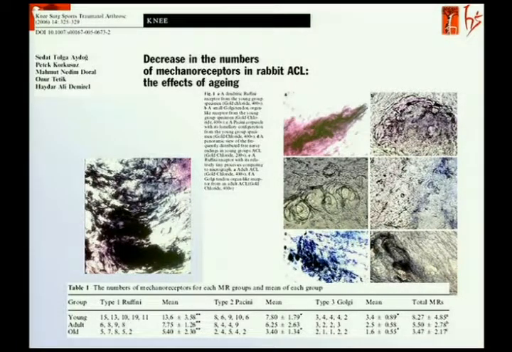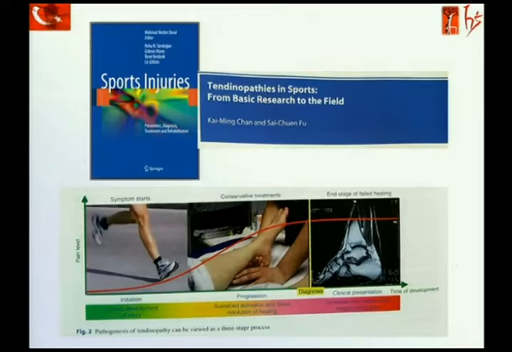Depending on the age, the number of mechanoreceptors decreases, and this is our animal study. But I know that in Italy, I have a lot of friends. For example, Giuliano Cerulli has worked in this field since the end of the 80s. And they said that according to age, the number of mechanoreceptors decreased.